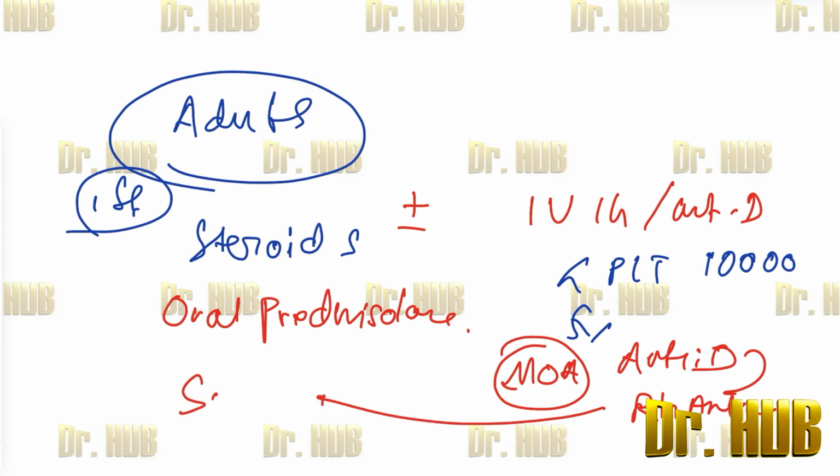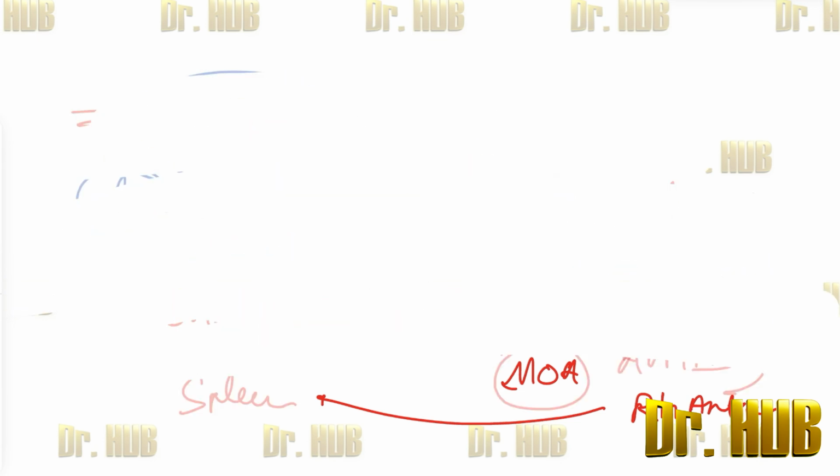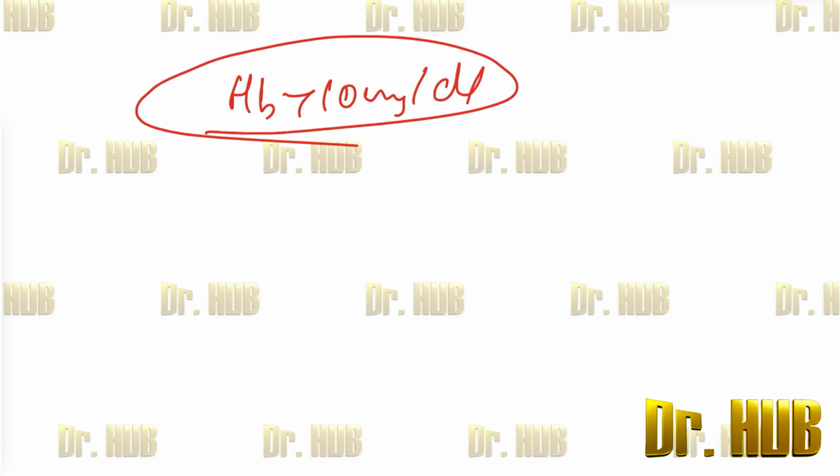Next, we also have the prerequisites. The prerequisites include the presence of the spleen and also hemoglobin, which should always be greater than 10 mg/dL. So the first line, as we saw, was a steroid plus IVIG or anti-D, and the steroid we used was prednisolone at full dose for 2 weeks, and then you taper it.